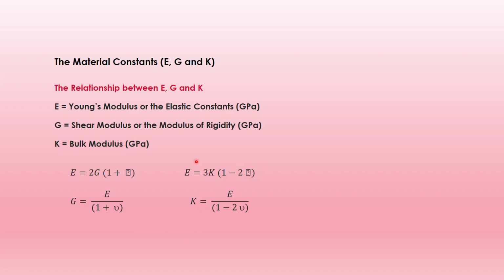Or when you refer to this relationship here, then you can find out the K, which is called the bulk modulus, and you have the Young's modulus divided by 3, which is missing again, times 1 minus 2 times Poisson's ratio. Okay, here you have G, which we call shear modulus, Young's modulus, and Poisson's ratio. Outside here you should have a 2. Sorry, that is why I have put it into your podcast, your MP4.